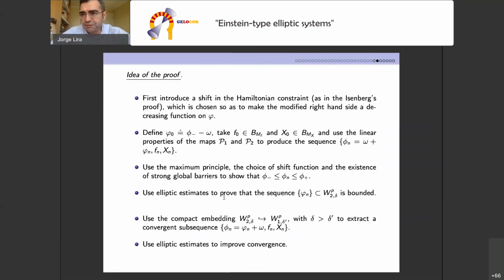So you consider that shift of this Hamiltonian operator, so the Laplacian of the scalar conformal factor has to be shifted by some potential A. That shift permits to use the maximum principle, so then you can start producing new and new iterations of this conformal factor.